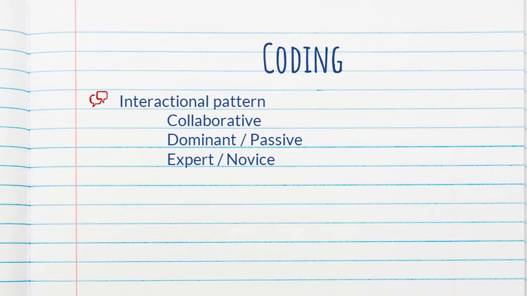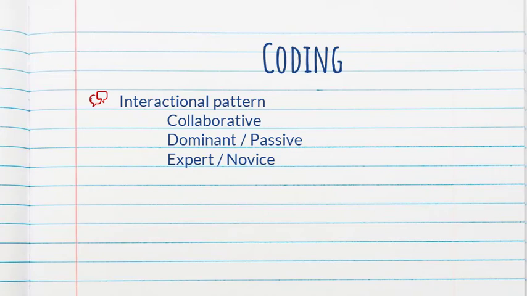As you can probably deduce, the collaborative pattern means that they were engaged with each other and nobody had clear control over the task. Now, in the dominant passive pairs, one learner takes control and the other contributes little to it.